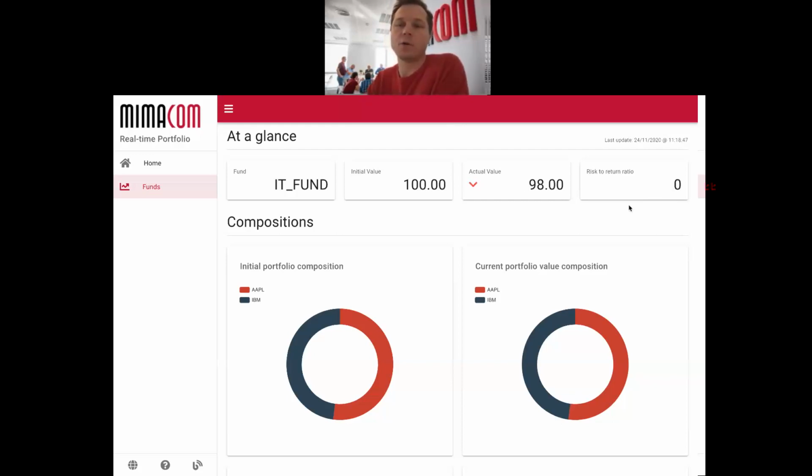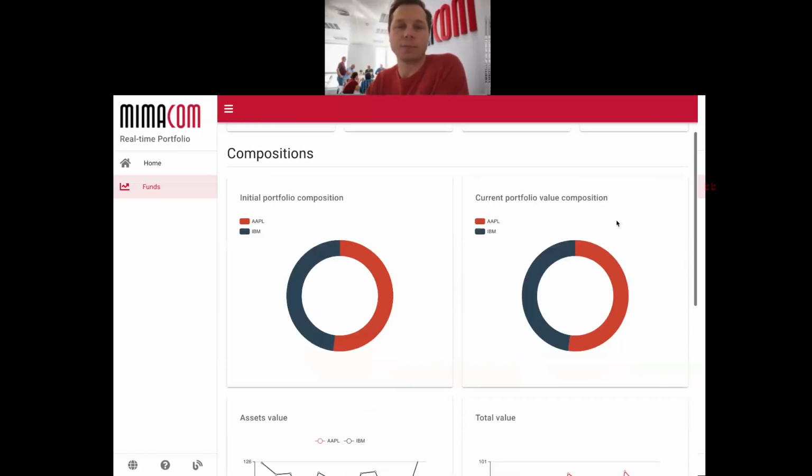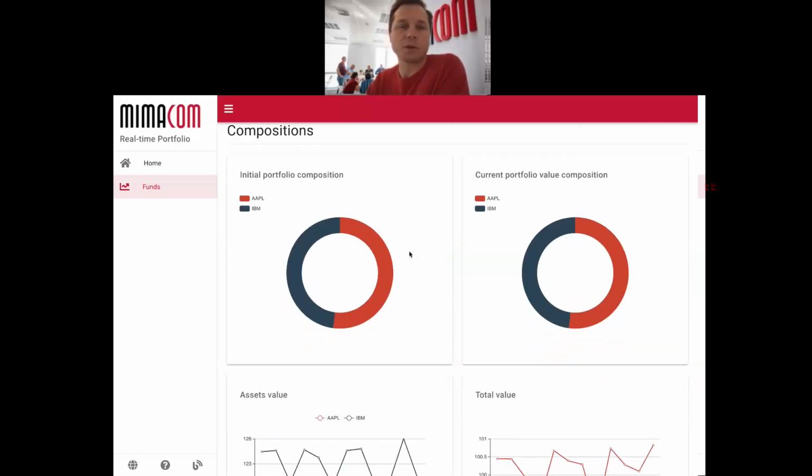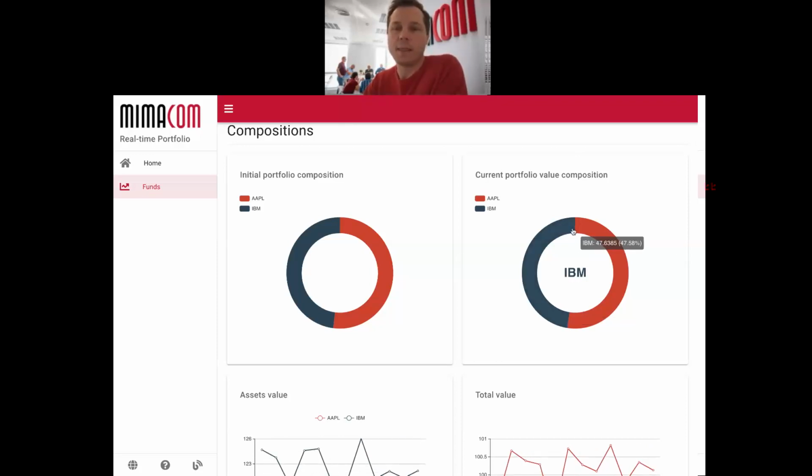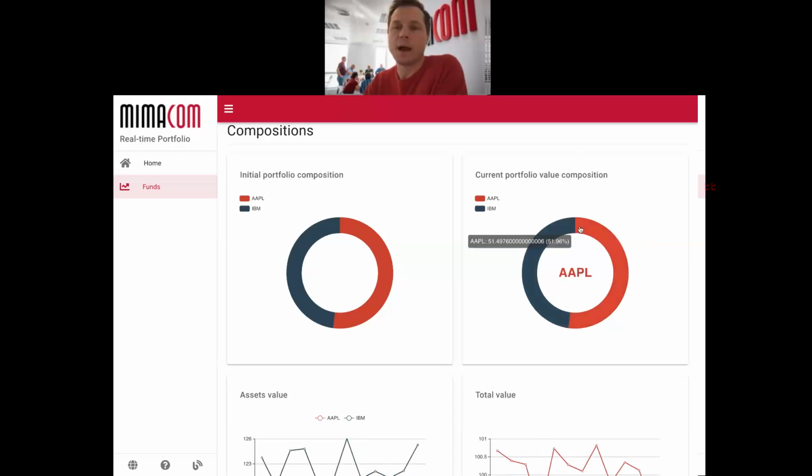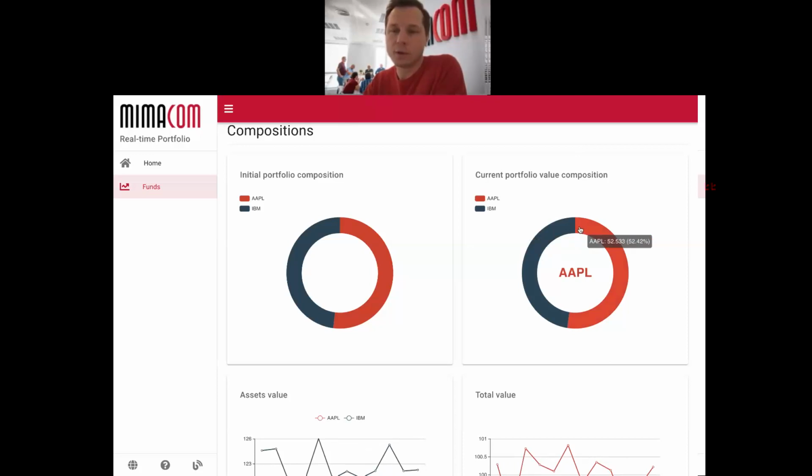If it grows too high, maybe this product will be too risky for you. Initial portfolio decomposition is the value decomposition as it was at the beginning of this financial product, and then the value composition as it looks right now. You see small changes here.